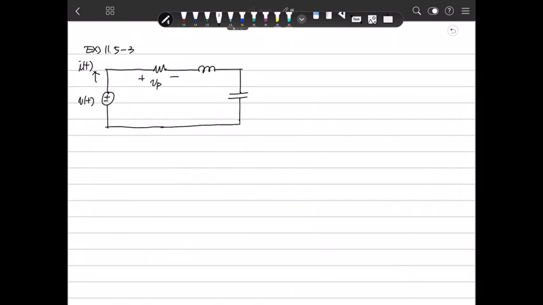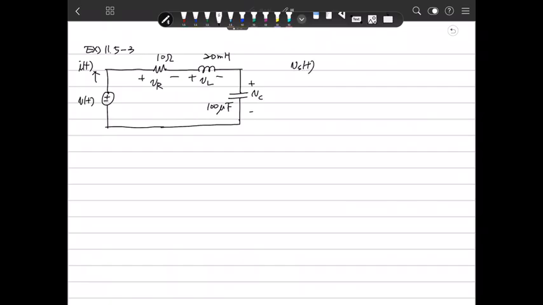We define the voltages as VR, VL, and VC. The values are 100 microfarad, 20 millihenry, and 10 ohm.